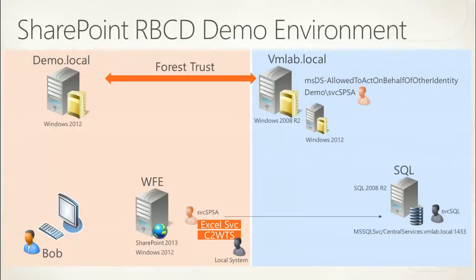And then finally, in my SharePoint forest, I'm running Windows 2012 as the primary DC. That's not technically a requirement. But what I've done in the resource forest is I've added a second domain controller to my existing Windows 2008 R2 forest. I did not upgrade the forest function level or the domain function level.